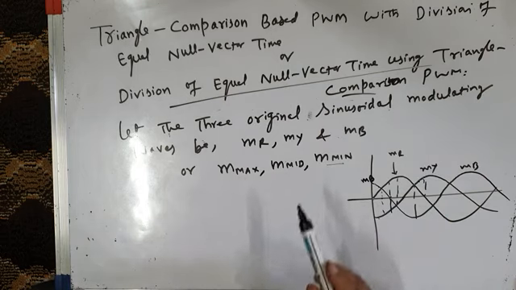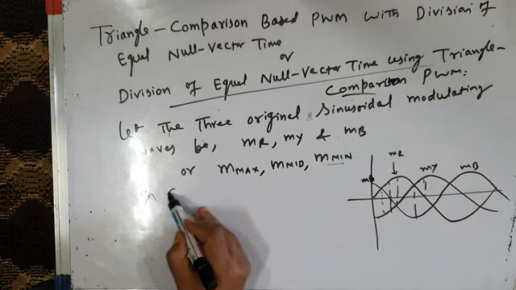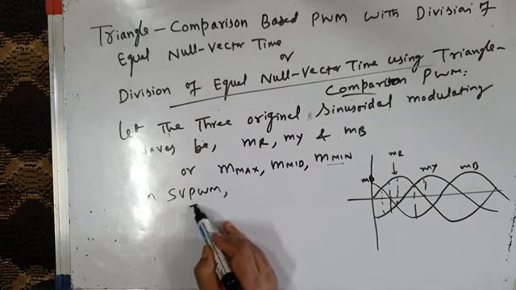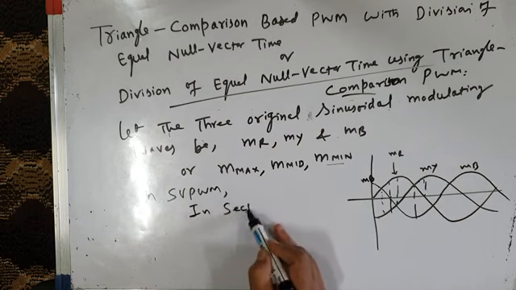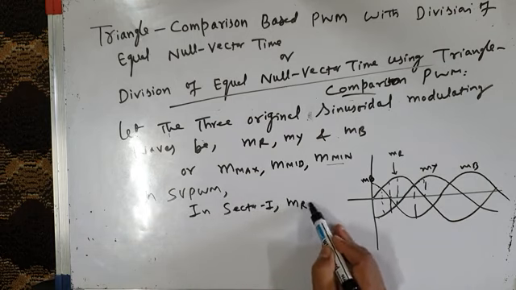And if you try to study it from the space vector point of view, in space vector PWM technique, for example in sector 1, MR is equal to M mid.